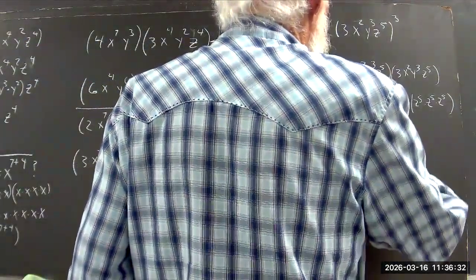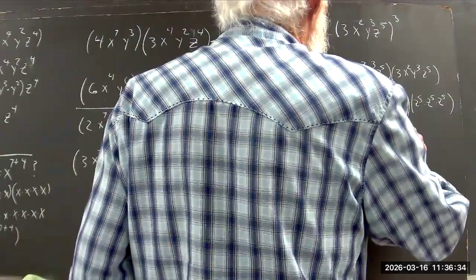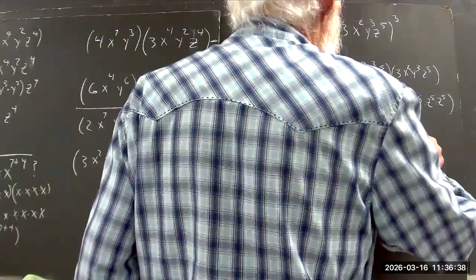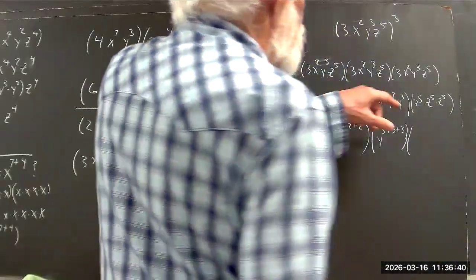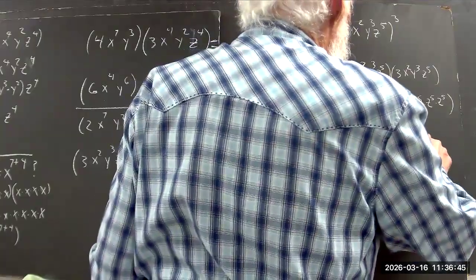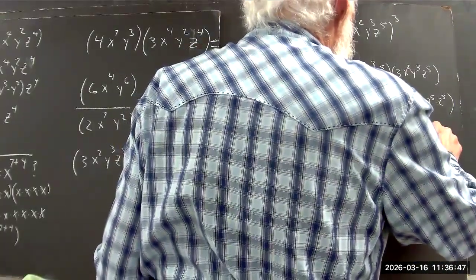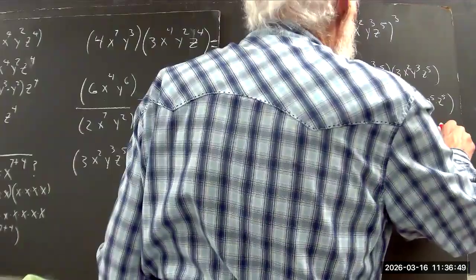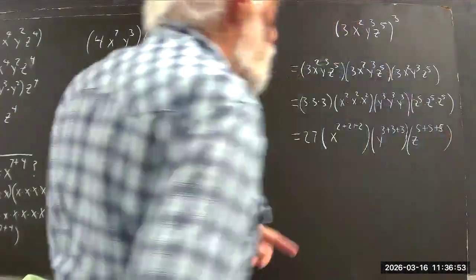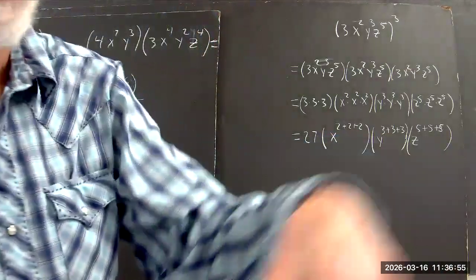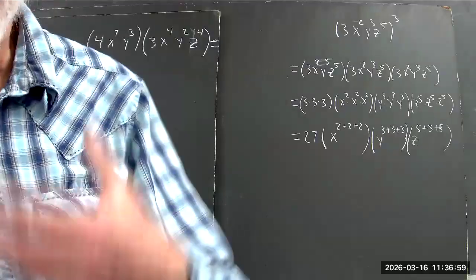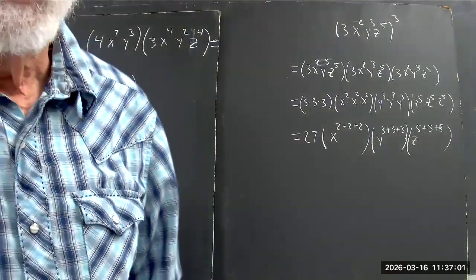And then y cubed times y cubed times y cubed is y to the 3 plus 3 plus 3. And z to the fifth times z to the fifth times z to the fifth is z to the 5 plus 5 plus 5. It's very easy to write down a multiplication when you need to write down an addition. So you want to check yourself. You want to think back to what everything really means.